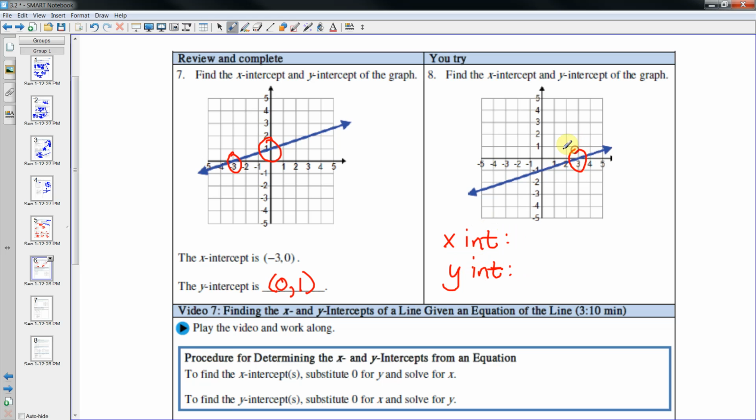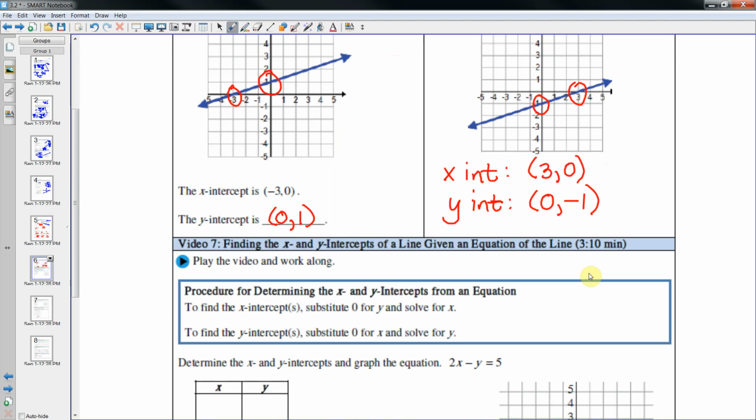I'll circle. Alright, hopefully for the x-intercept you wrote down 3, 0. And for the y-intercept you wrote down 0, negative 1, because those would be the correct answers.